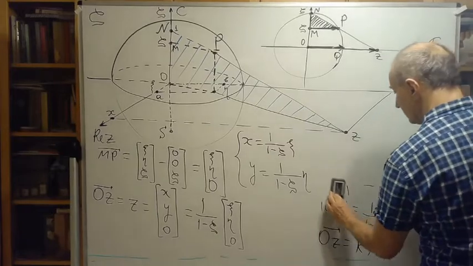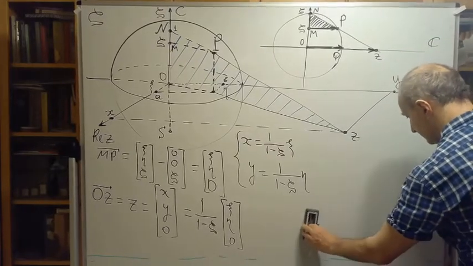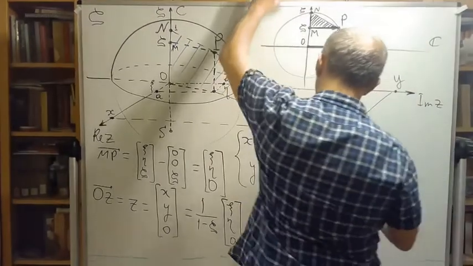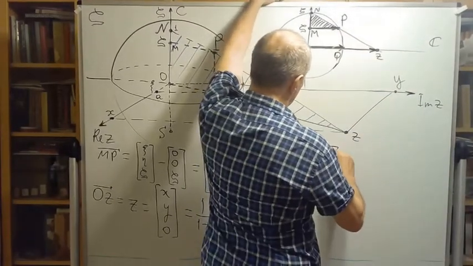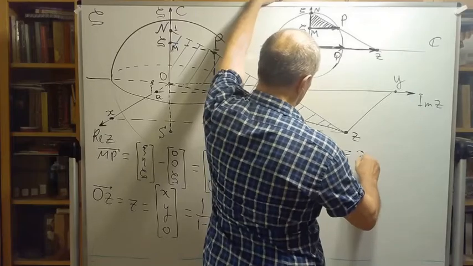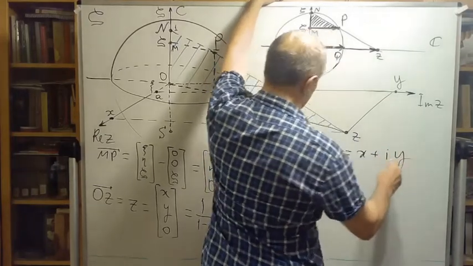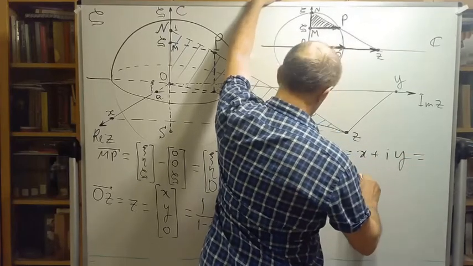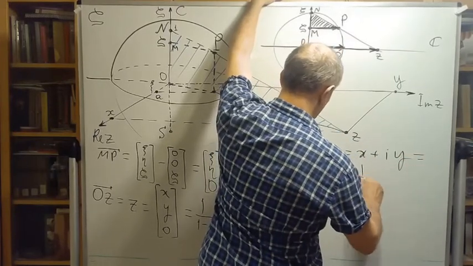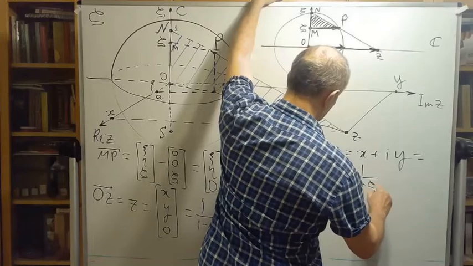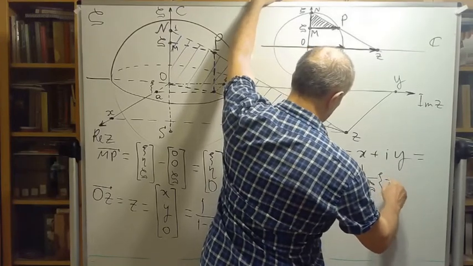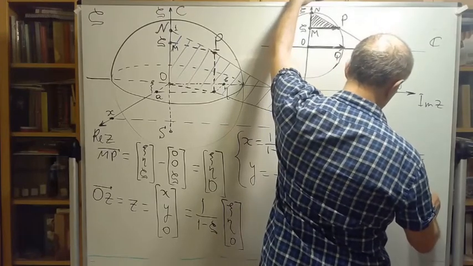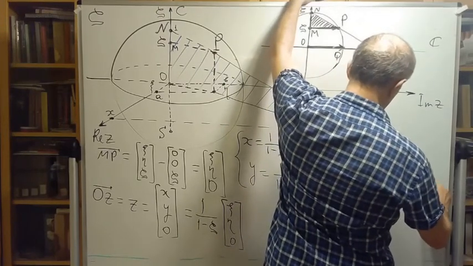Number z, which is also vector of z, number z equals x plus iy, and it is equal to 1 over 1 minus zeta psi plus i times 1 over 1 minus zeta eta.